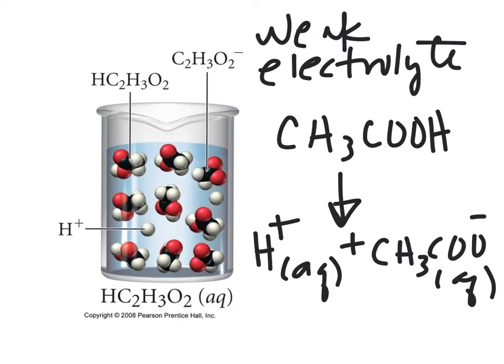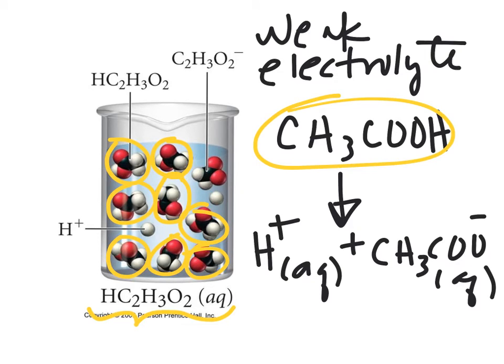But if you look over here in our example where that acetic acid is dissolved, you can see that most of the acetic acid molecules have stayed together. All the ones that I'm circling here in yellow have stayed together. Those represent this molecule. Whereas in green, I'll circle the products of the dissolving process, which are H plus and acetate.